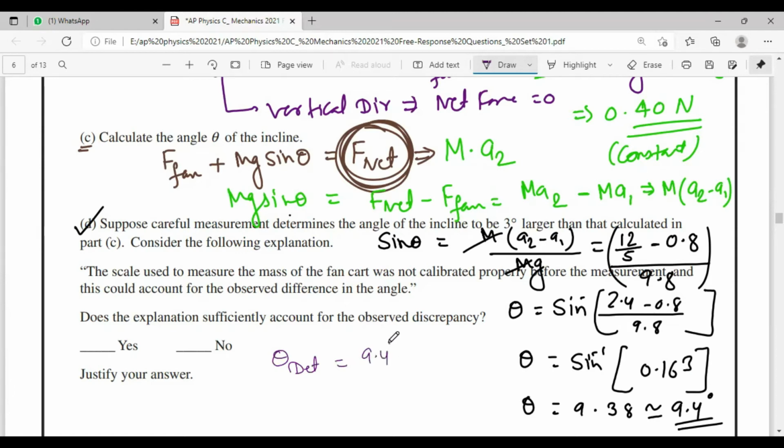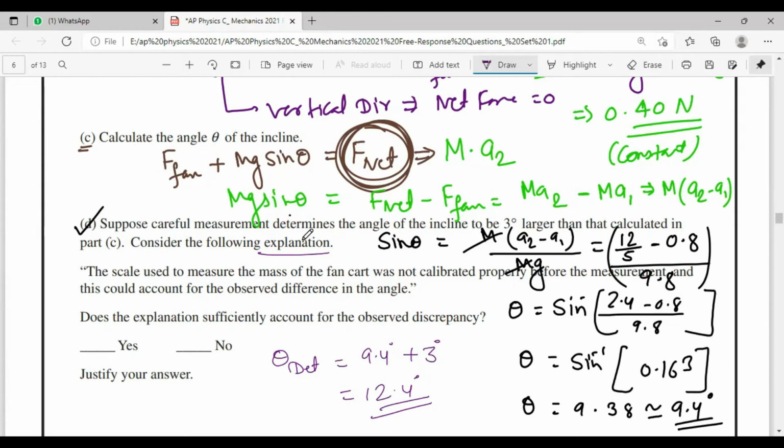So 9.4 degrees plus 3 degrees is equal to 12.4 degrees, right? So the question is saying the determined value of theta is 12.4 degrees, that is 3 degrees greater than the calculated value.